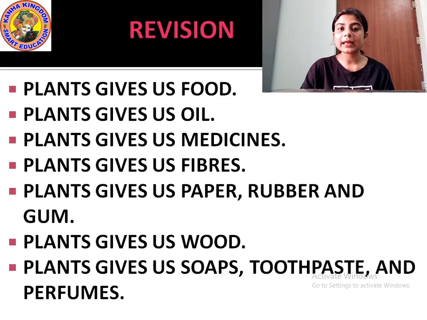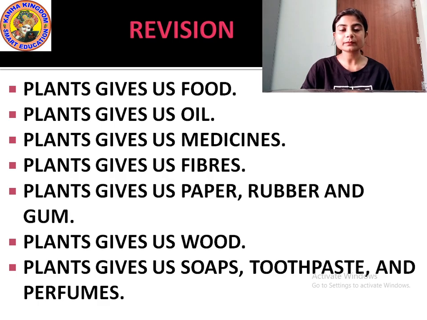Then plants also give us what? Sugar, coffee, tea, cocoa. What is cocoa? Cocoa is obtained from the cocoa plant that is used to make chocolates. Yes, then coffee is obtained from the coffee plant. The beans of the coffee plant are plucked and dried, and later on it is made into coffee. Yes or no?